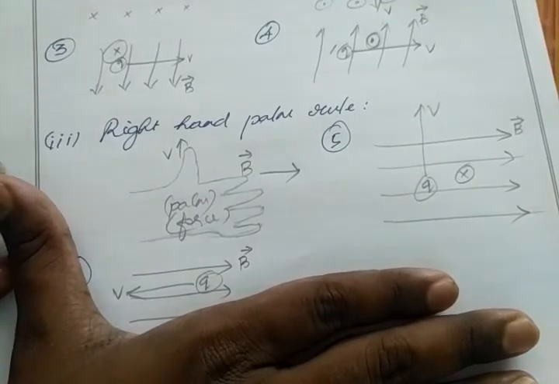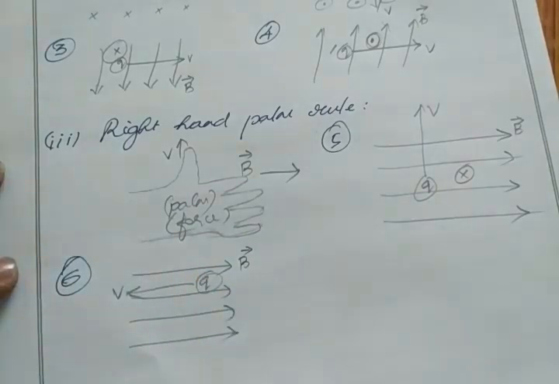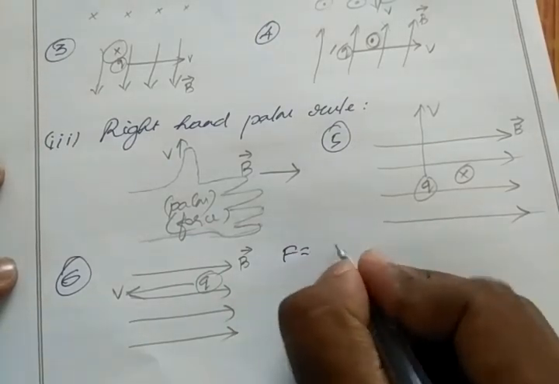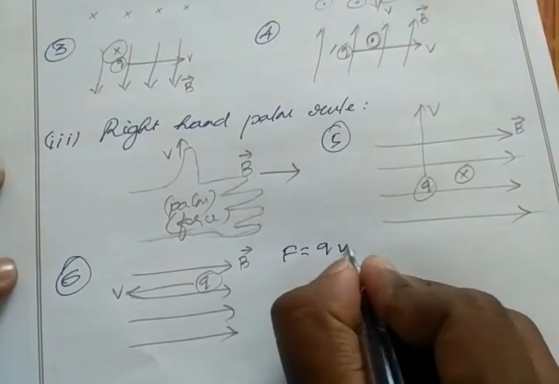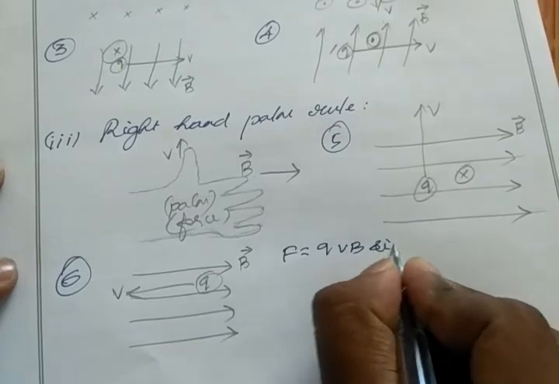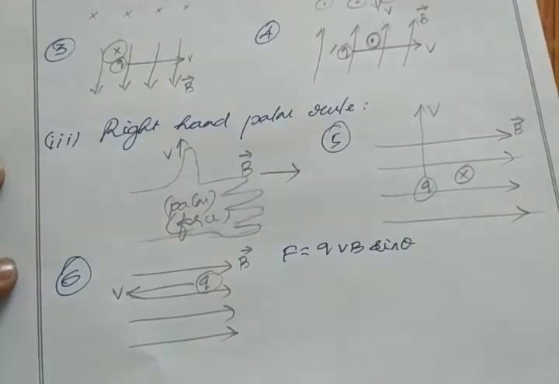Okay, so if you see this diagram, what is the angle between B and V? We know the formula, F equal to QVB sin theta, where theta is the angle between V and B. So B is coming from left to right, and V, the motion of charge, is in opposite direction.